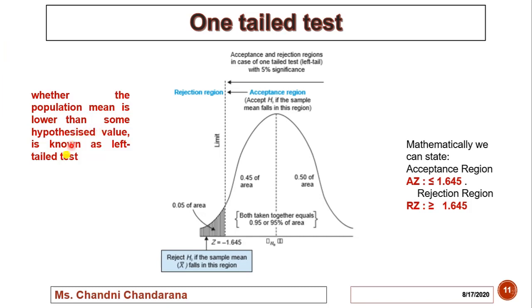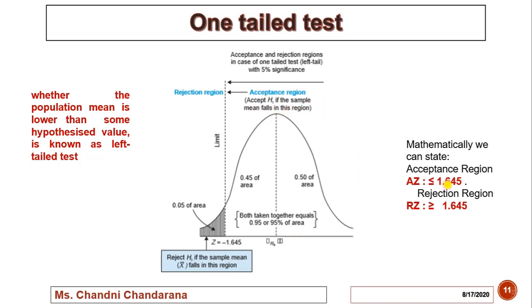Here you can see this is the rejection region, and this is the acceptance region. So the area here includes 0.05. If the sample mean falls in this region, it will be rejected, but here it will be accepted.